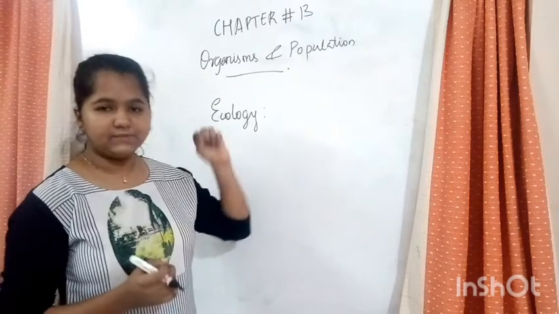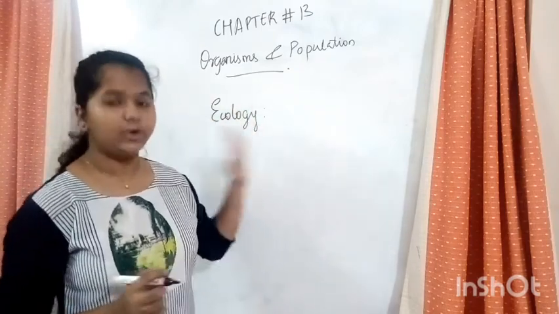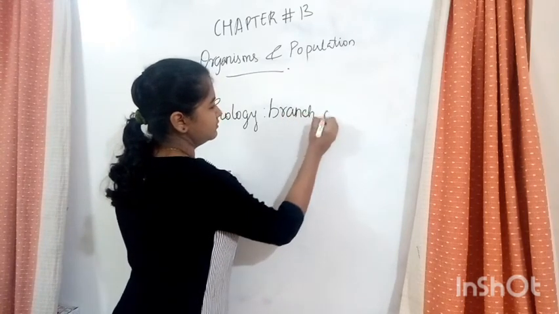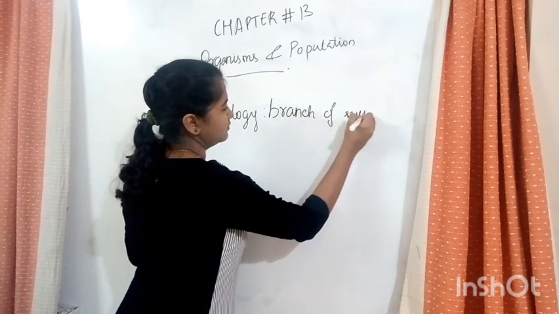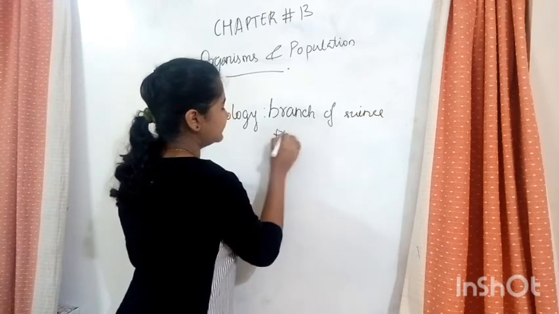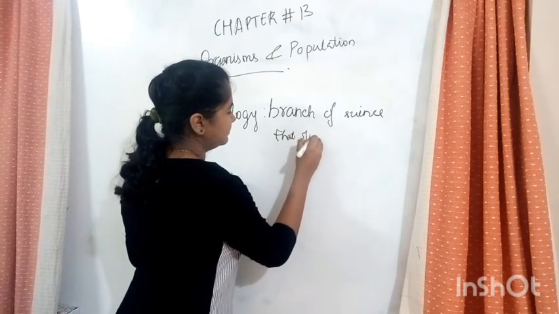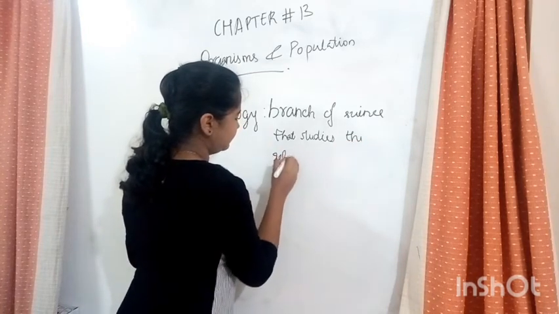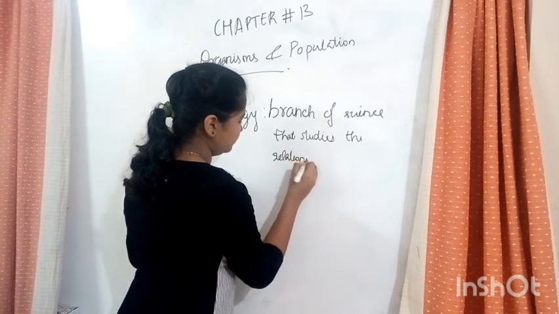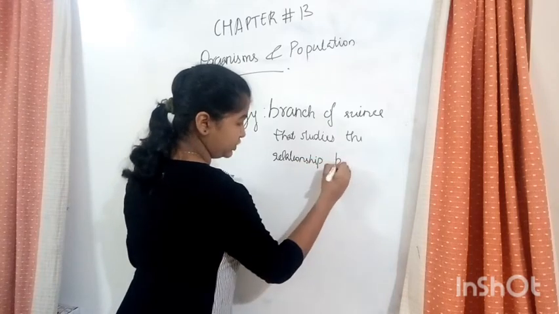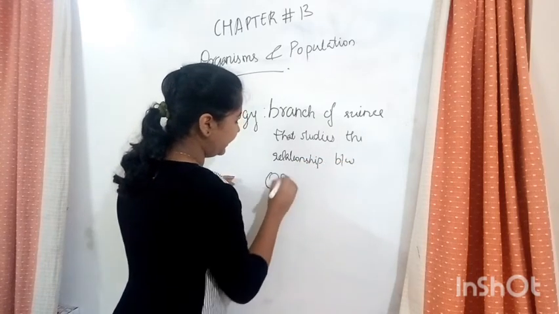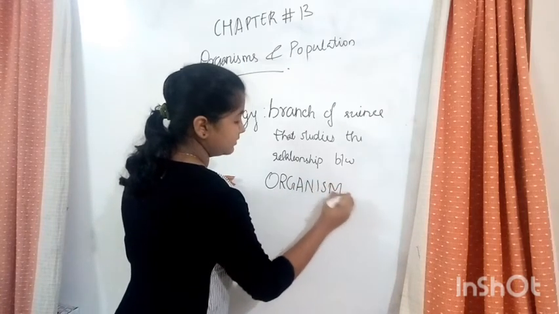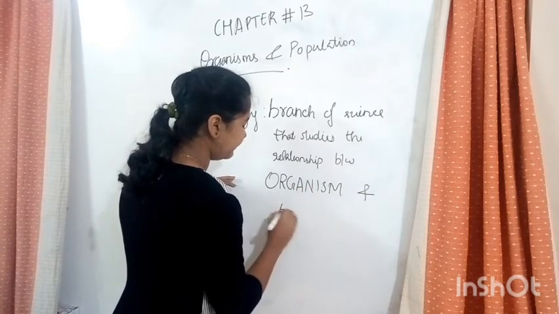So first, we'll write the small definition of ecology. Branch of science that studies the relationship between organism and its environment.